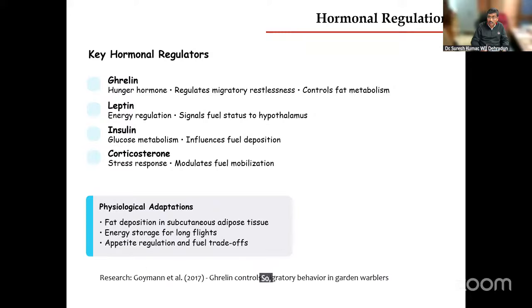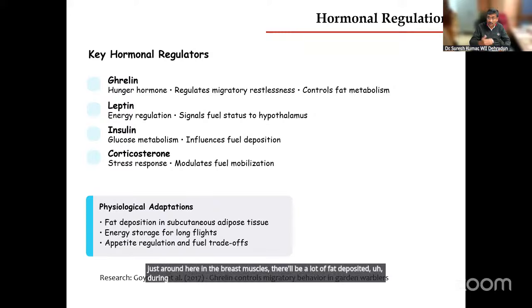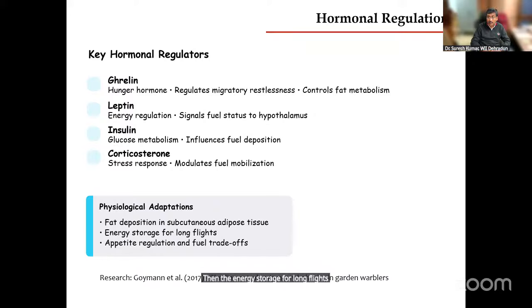So the physiological adaptations that will trigger migration include fat deposition in subcutaneous adipose tissue. Okay, so especially just around here in the breast muscles, there will be a lot of fat deposited at the start of the migration. Then the energy storage for long flights, appetite regulation, and fuel trade-offs.